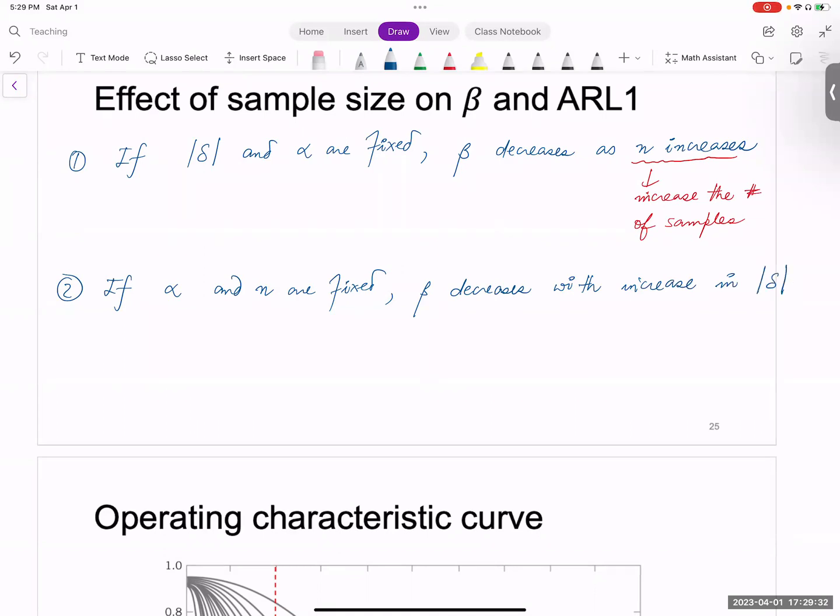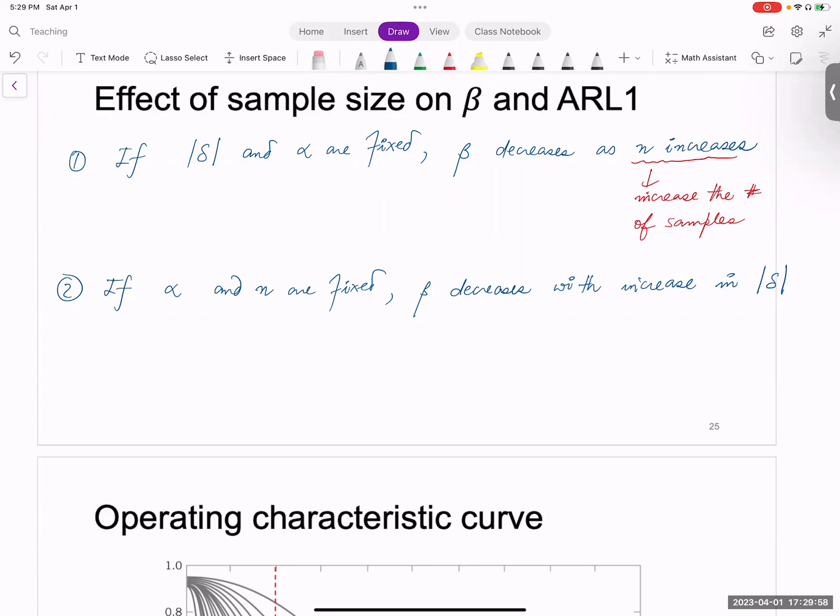Now, this might appear a little bit intuitive. If there is a larger shift in the mean of the process, then it's easy to detect that shift. Even visually, we can see and identify that there has been a shift. And so if it is easier to detect the shift, type 2 error is usually very, very small, or the probability decreases as it becomes easier and easier to detect the shift.